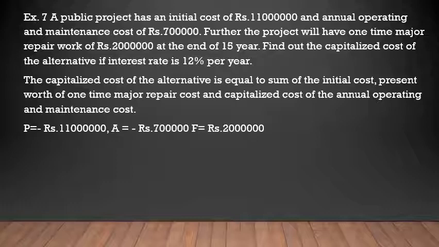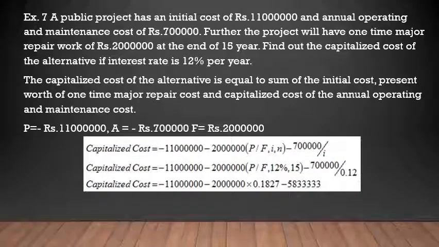So what is required for me now? I need to convert this A into P and then this F into P. First this P will remain as it is, 1 crore 10,000 will remain as it is, that is P. To that I have to add this 20 lakh converted into P. That is the capitalized cost, that is the amount available for me for any future work.